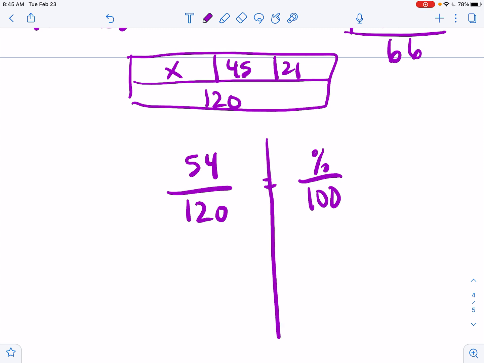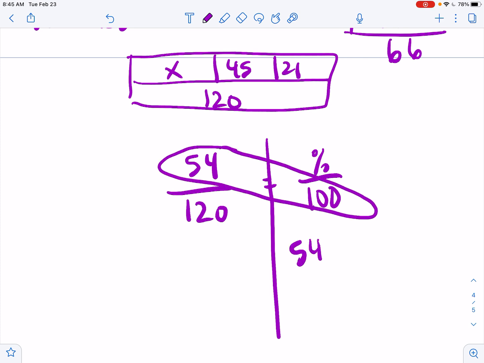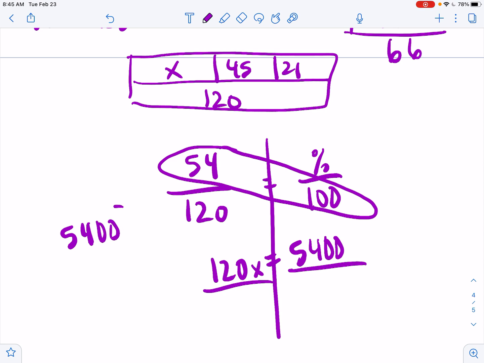If you want to simplify 54 and 120 by 2, you can to make it easier to work with. 100 times 54 divided by 120x.